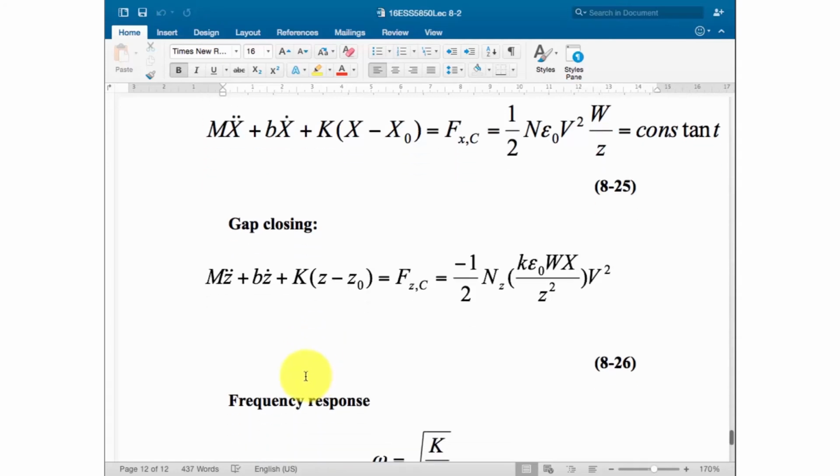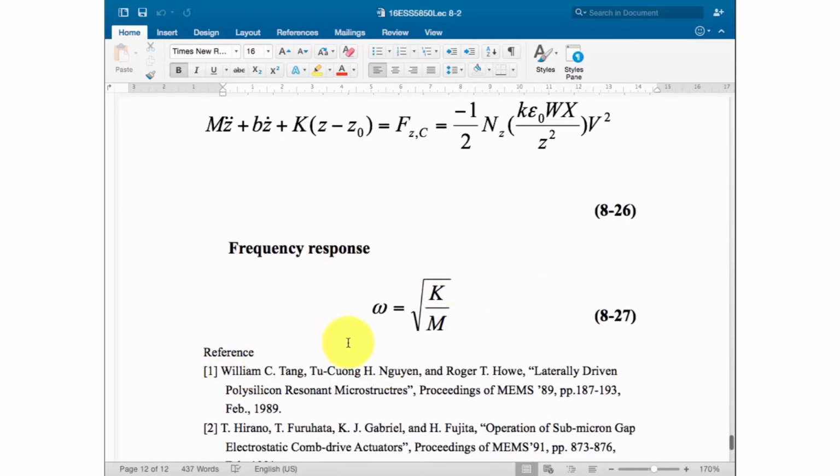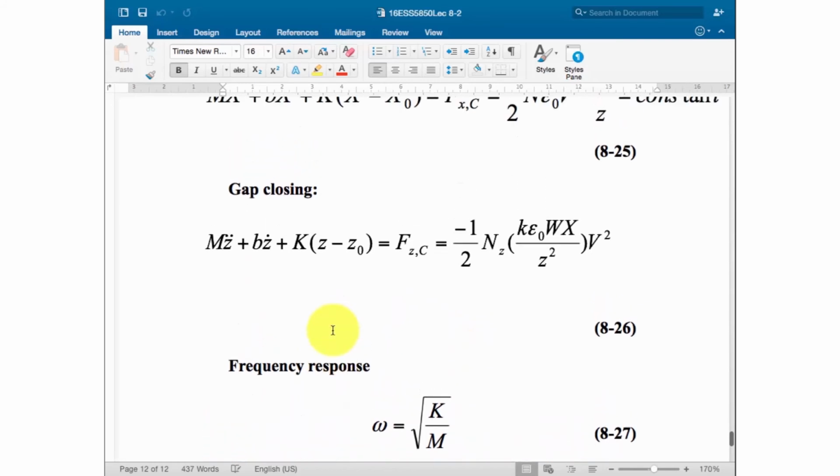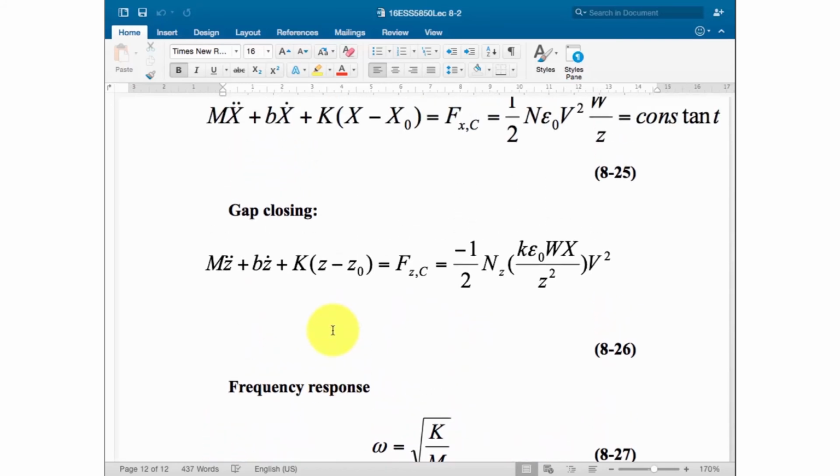Again, the frequency response is omega equal to square root of k over m. So it's similar to before. Now you can take a look at the equation similar to the equation we developed in the accelerometer. Currently we are using this as an actuator, a comb actuator. We apply force, so it can move toward the direction and give force to your object. However, you can also use this as a sensor.